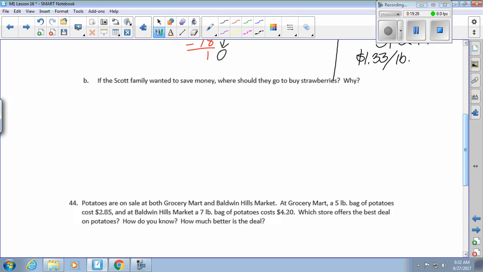If the Scott family wanted to save money, of course they want to save money, where should they go to buy the strawberries?